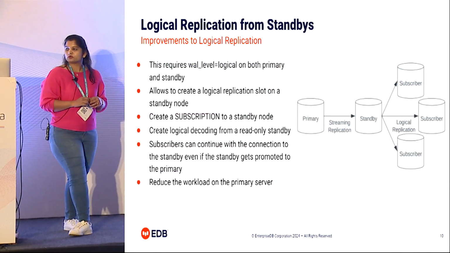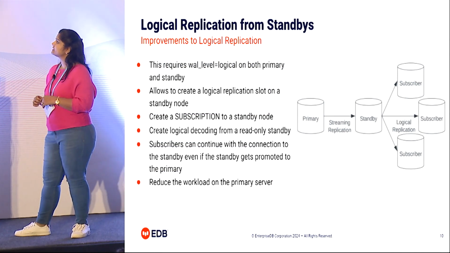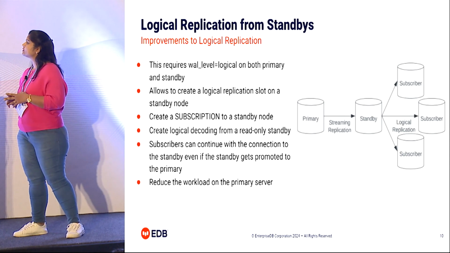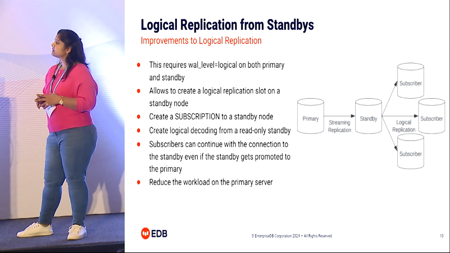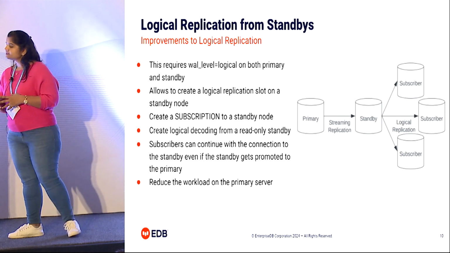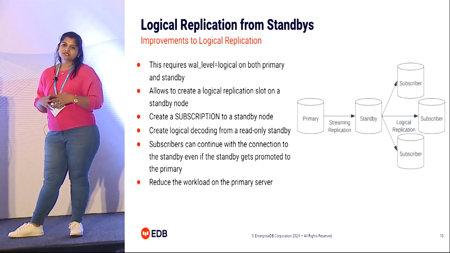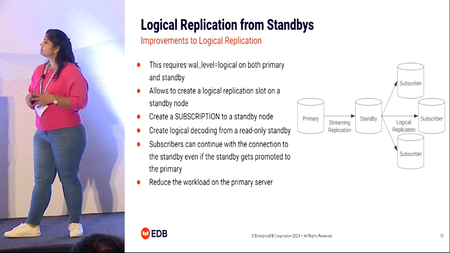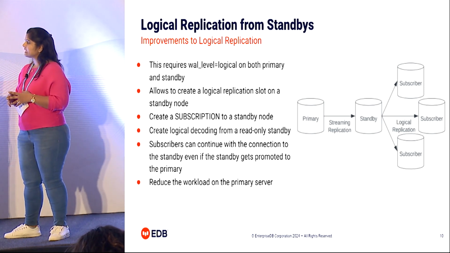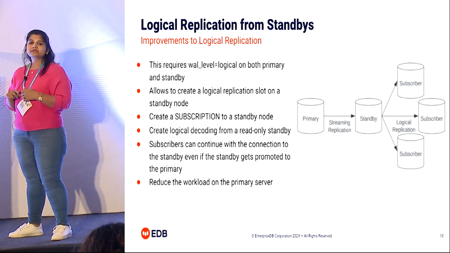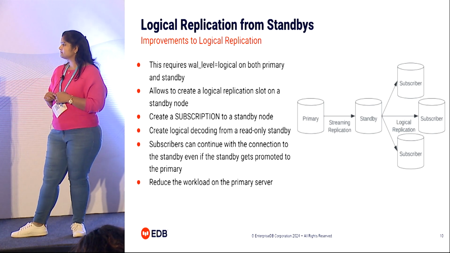Next improvement we have is support of logical replication from standbys. In the earlier versions, logical replication was supported only on the primary nodes. So now in PostgreSQL, standby nodes can also do logical replication. We can create a publication on standbys, and other nodes can subscribe to the information from the standby node.